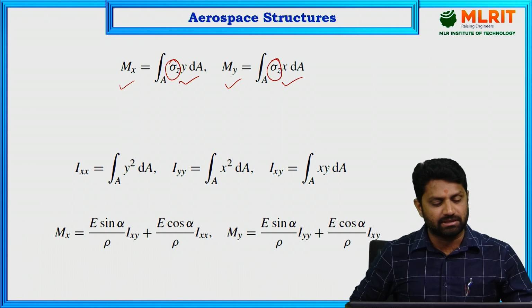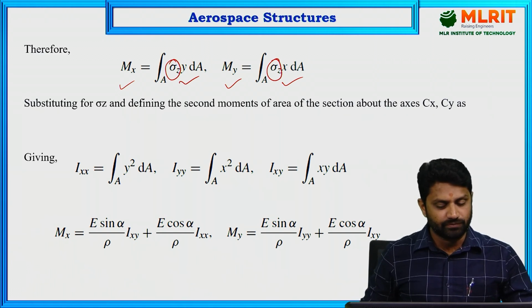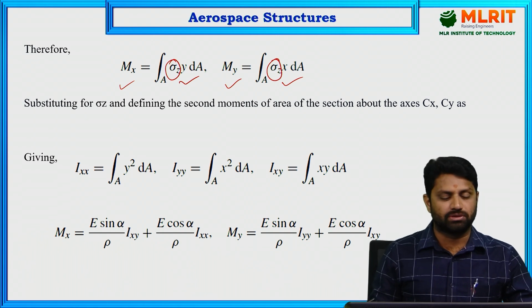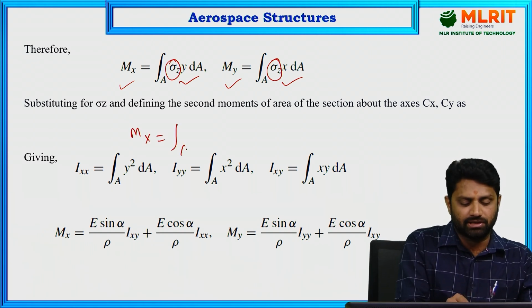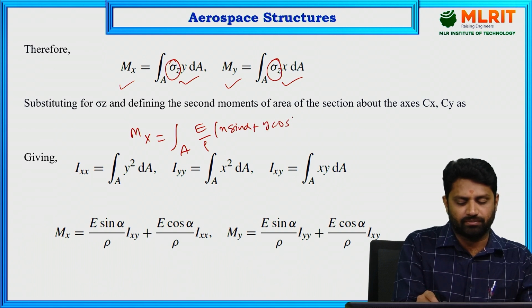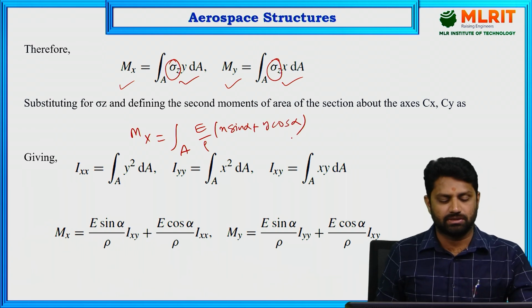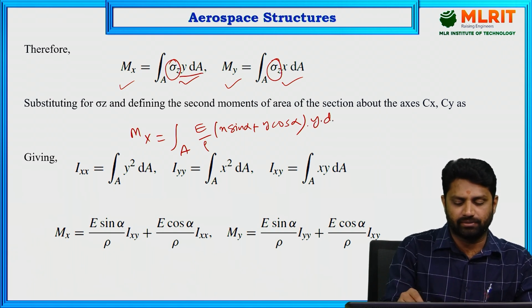For example, Mx equals the integral over A of sigma z, which you can write as E by rho into (x sin alpha plus y cos alpha). You substitute that here, and what is left is y into dA.